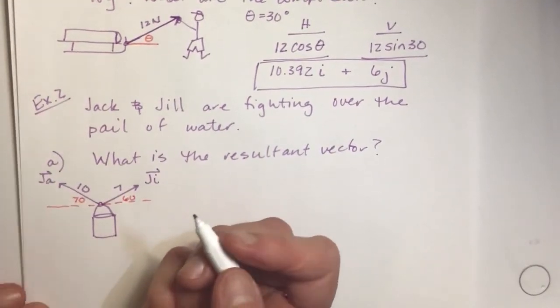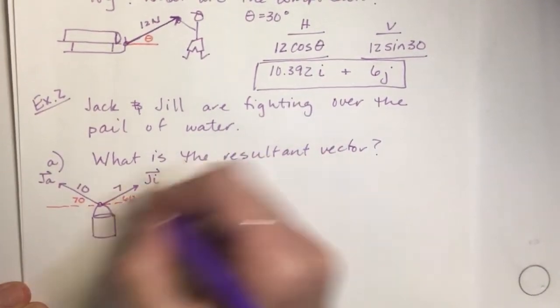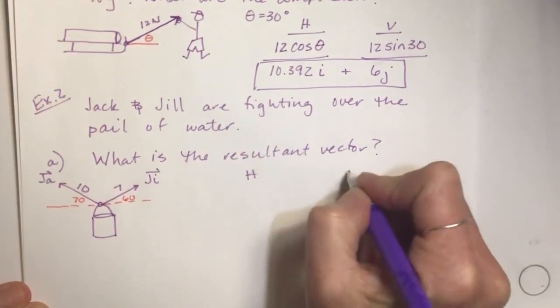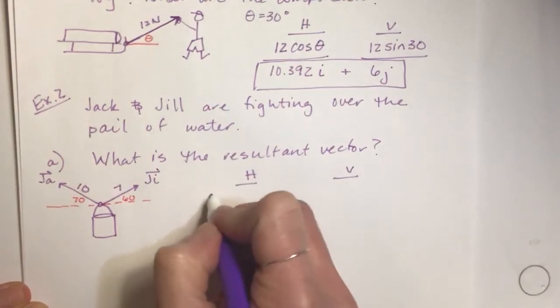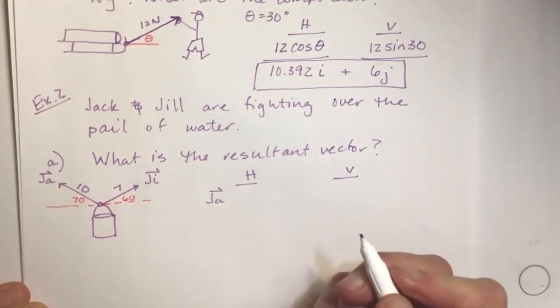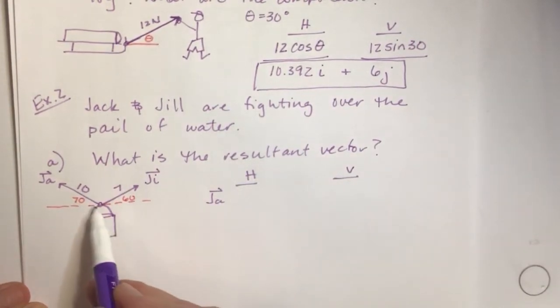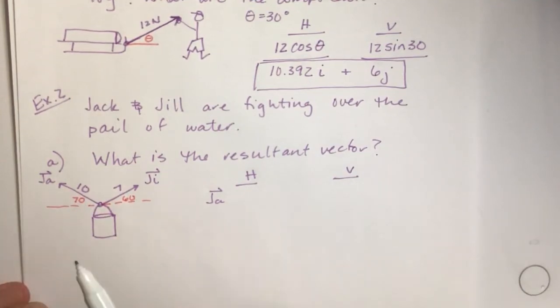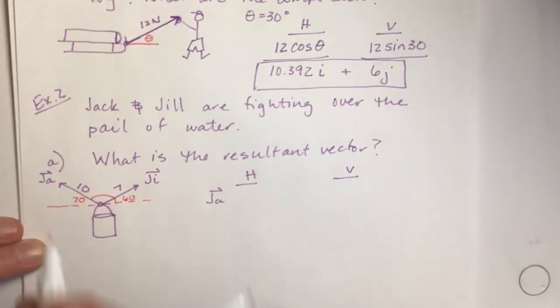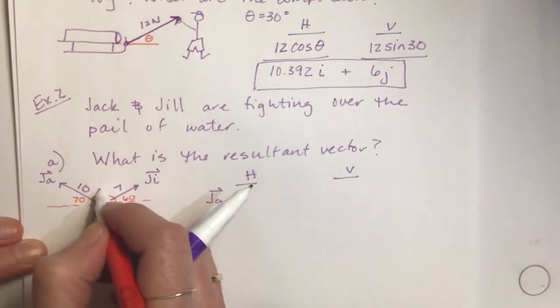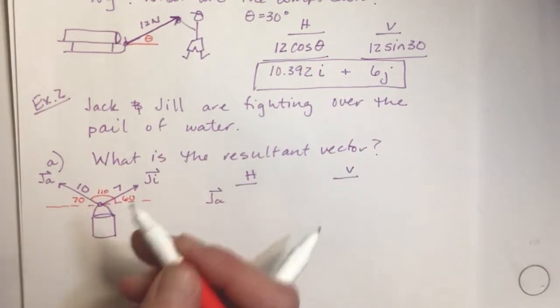Again, you're going to split them up into horizontal and vertical components, and then you're going to add them together. Let's do Jack first. The problem with Jack is that he's going in that negative direction, so we need to find this angle from here all the way over, which is 180 minus 70, which is, you got it, 110.